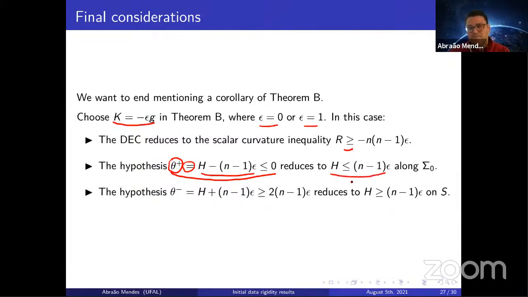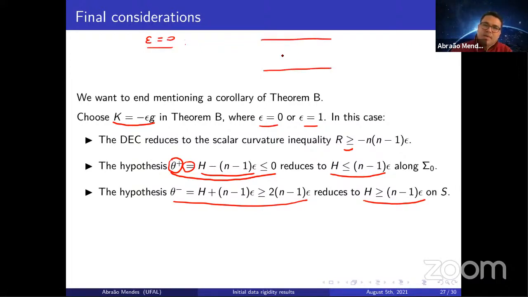Then this hypothesis is equivalent to this one. So the mean curvature of sigma naught is not greater than n minus 1 times epsilon. And similarly, this hypothesis here is equivalent to the mean curvature being not less than n minus 1 times epsilon on S. For example, in the epsilon equals 1 case, what do we have? So we have a manifold that could have more than one component on this side, and this one just one component because of the topological assumptions.